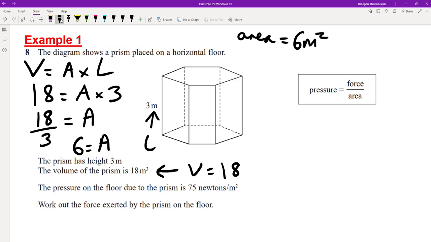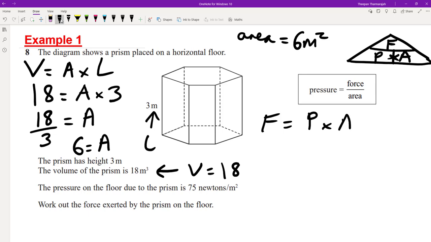Now we want the force, so we can draw the triangle out here and say that we know that pressure is force divided by the area. To find the force, it's going to be pressure times area. So we can say that the force is pressure multiplied by the area.